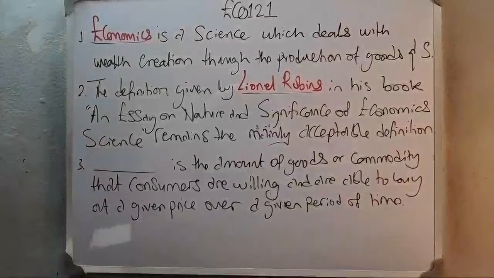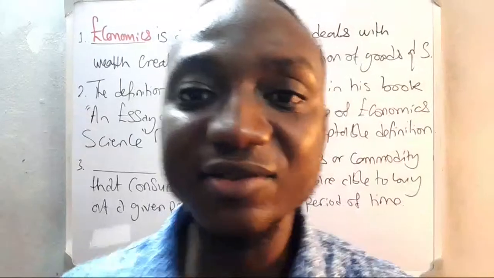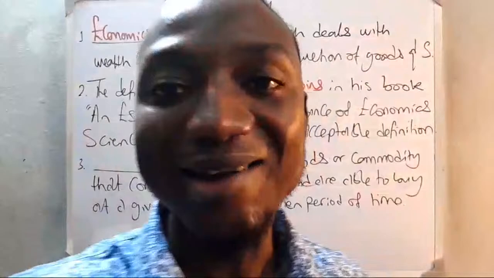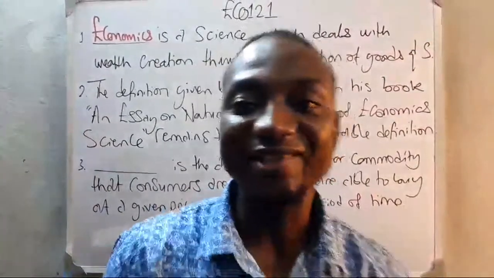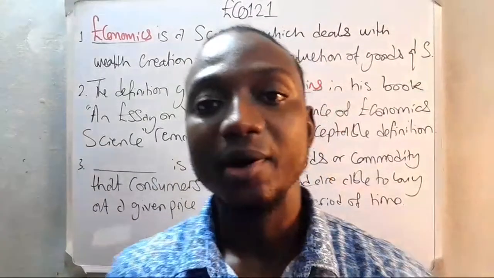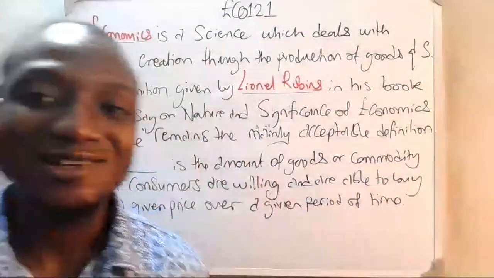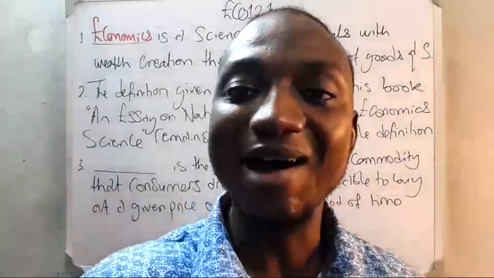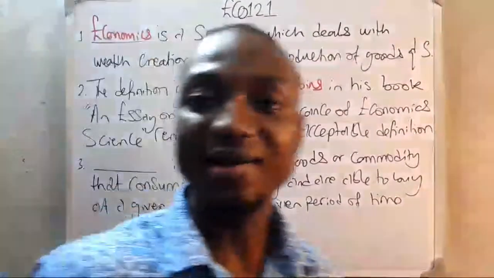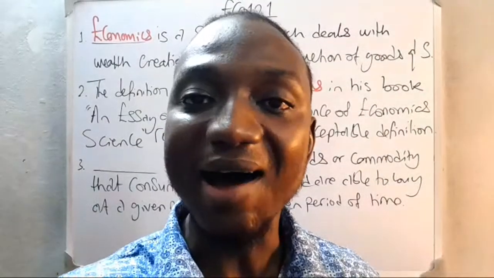So now, very well. Sanusi says demand. Miss James says demand. Mr. Jackson said quantity demanded. Wonderful. Mr. Nas said demand supply. Miss Glory said quantity demanded. Miss Daniel, demand.